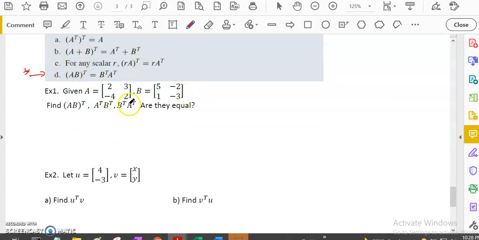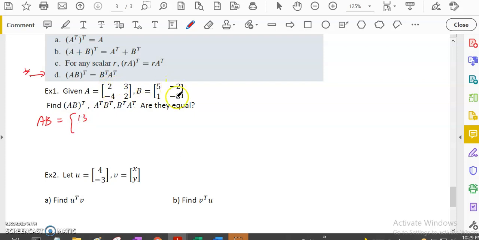We'll show that this works. Let's say we have a 2 by 2 matrix A and a 2 by 2 matrix B, and I'm going to compute (AB) transpose. That means I'm going to multiply them first. So what is AB? Row times column: 2 times 5 plus 2 times 1 is 13.